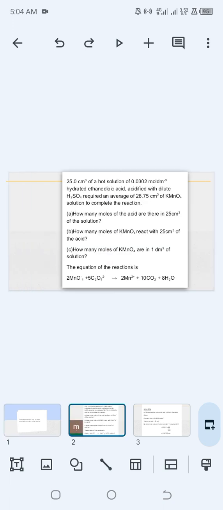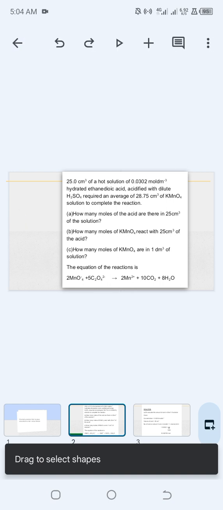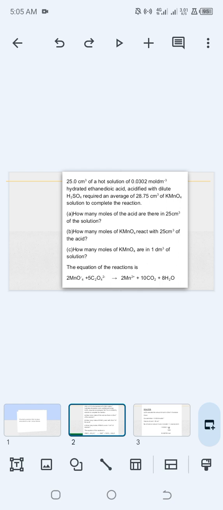I have a question A which says 25 cm³ of a hot solution of 0.0302 mol/dm³ hydrated ethanedioic acid, acidified with dilute H2SO4, required an average of 28.75 cm³ of KMnO4 solution to complete the reaction.